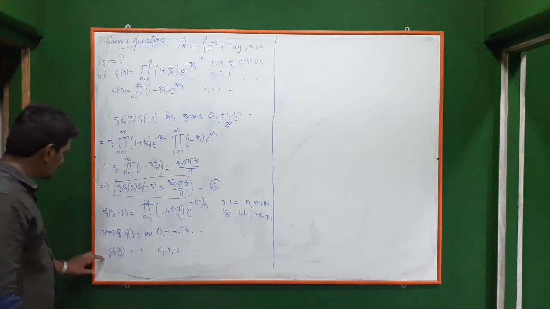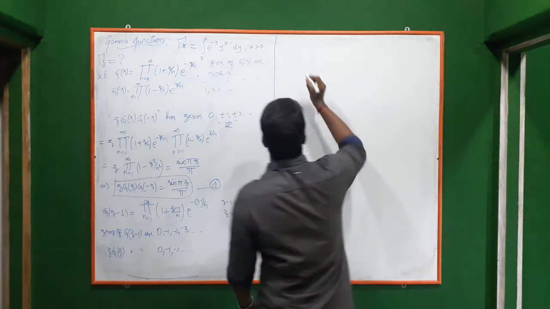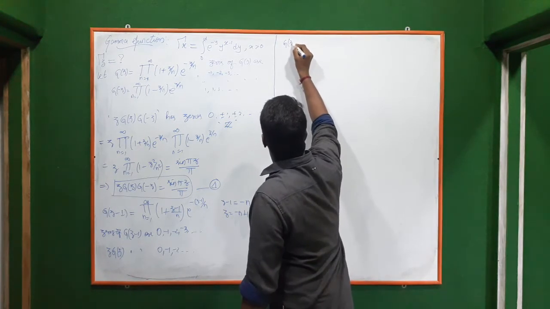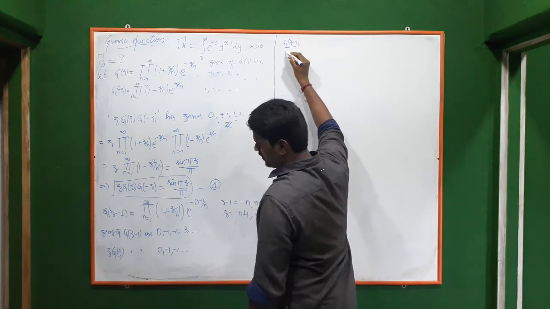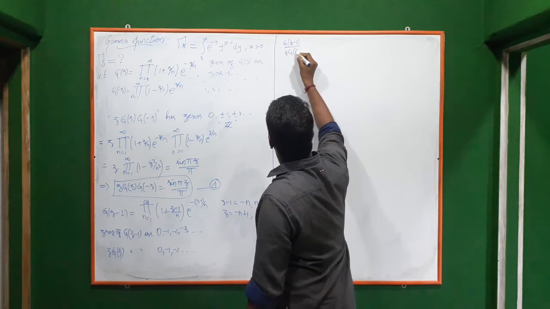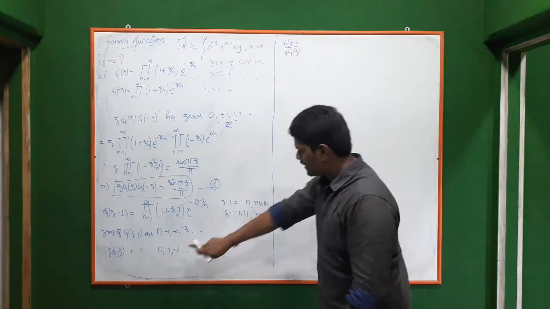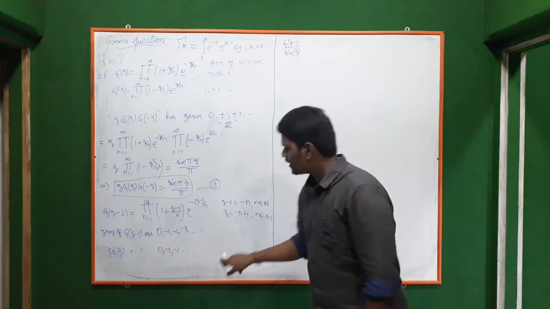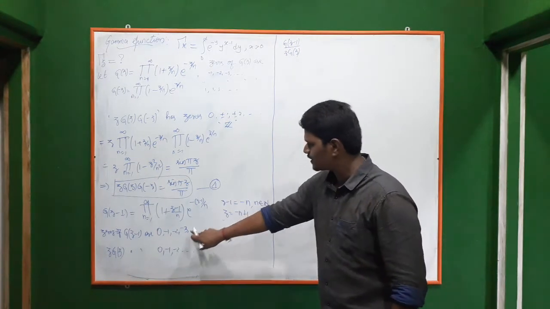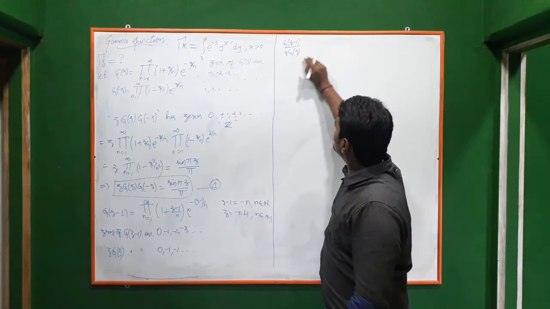So what happens if you divide this? What happens to the quotient g of z minus 1 by z into g of z? Since you are dividing this, all these elements will be cancelled. Correct? Elements having these terms, this minus 1, minus 2, all will be cancelled out in this quotient.